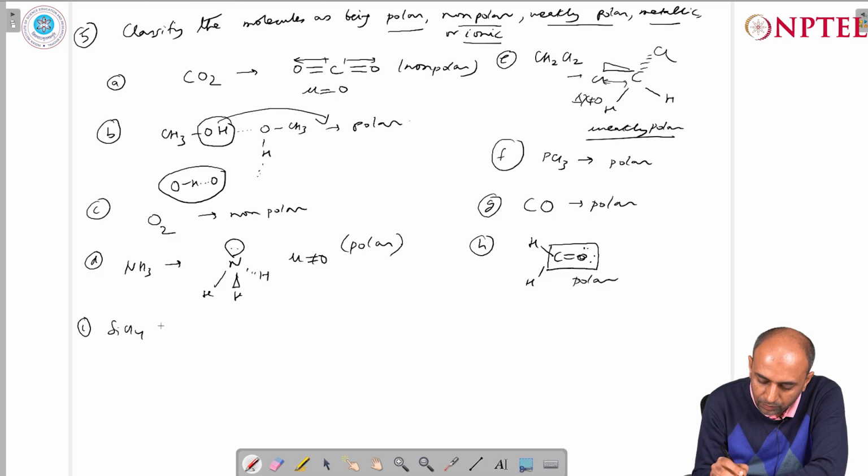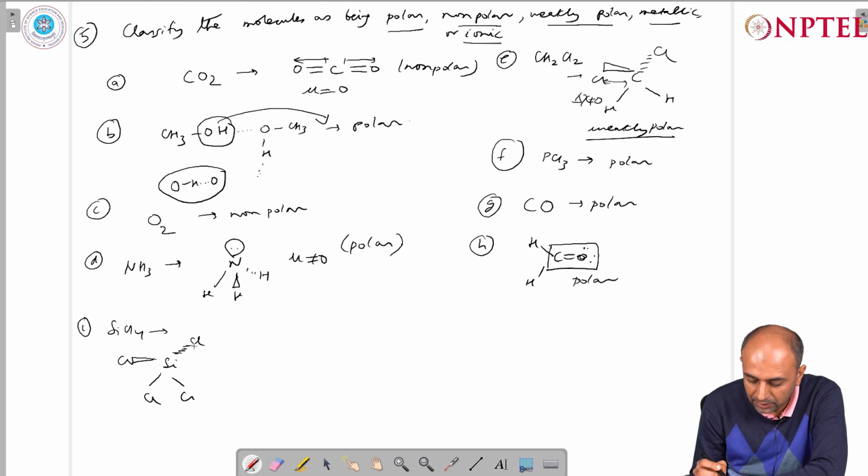SiCl4, it's a tetrahedral, but the dipole moment cancels out because of the symmetry associated with the SiCl4 units, therefore the net dipole moment is equal to 0.